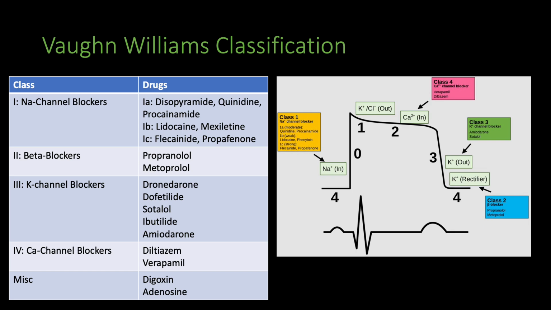So understand that. I will, however, talk a little bit about how the digoxin and the adenosine mechanisms work. These are some of the special mechanisms that help with the heartbeats as well. So I will go over that.